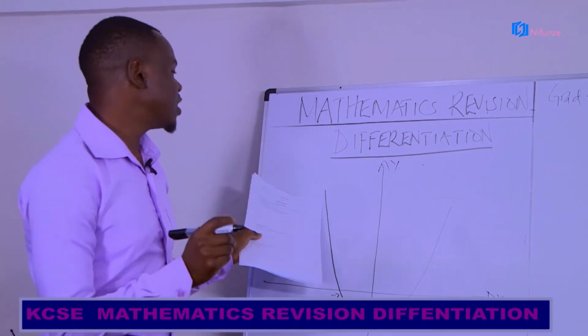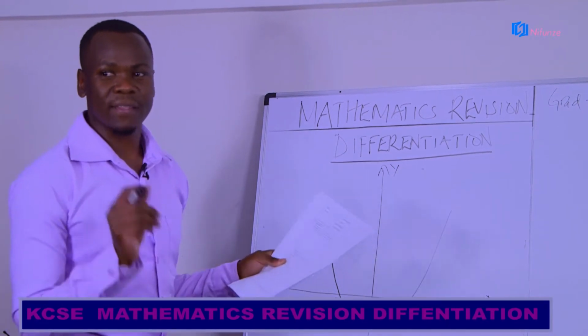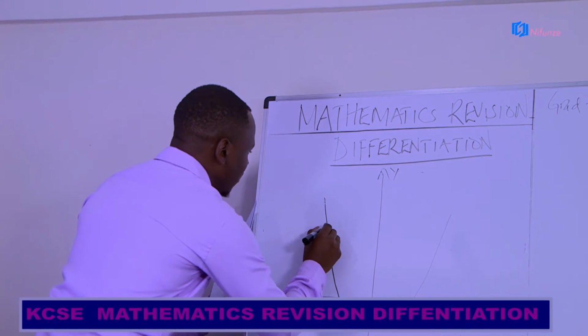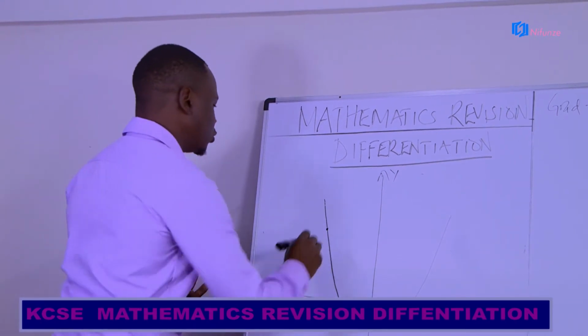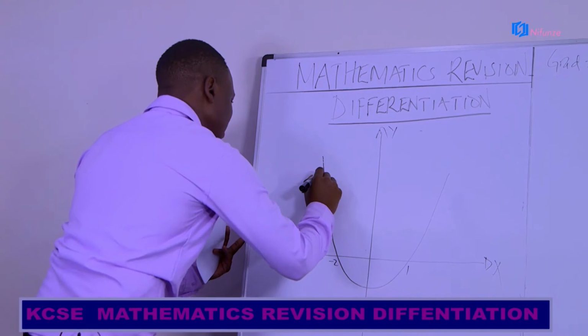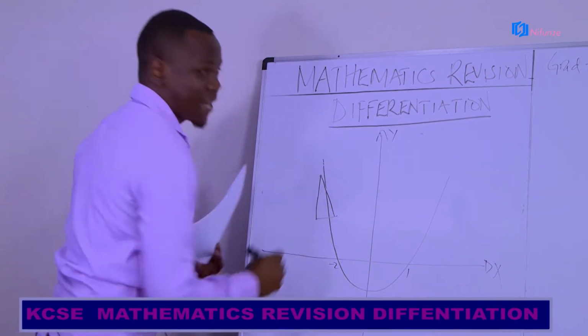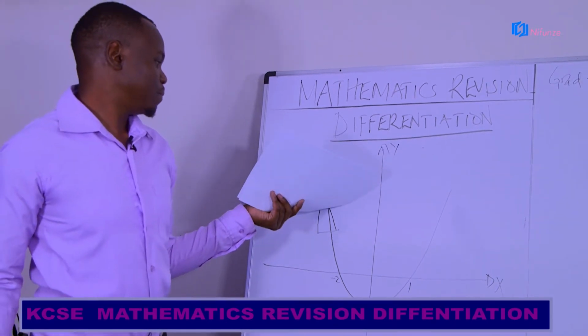It will keep on changing from one point to another. There is a concept which you apply. When you want to find the gradient of the line at this point, you draw a tangent to this curve at this point. So you will draw a tangent and then take some points at this particular point here.